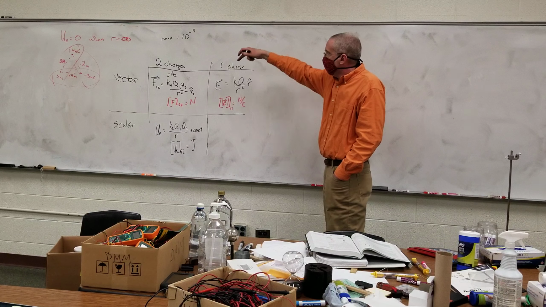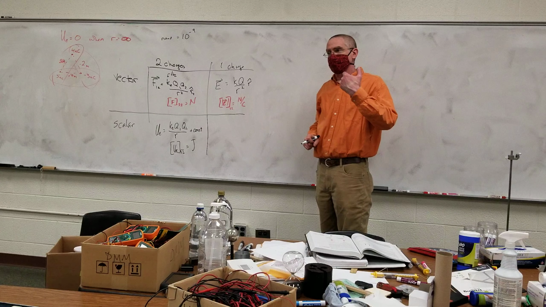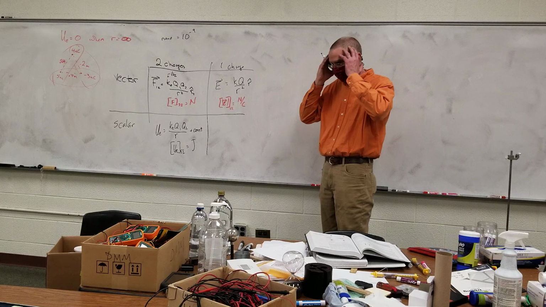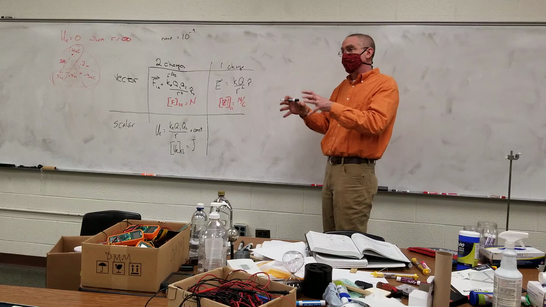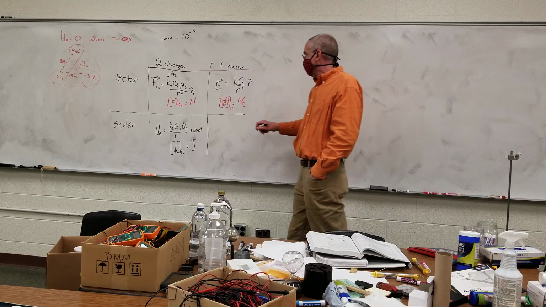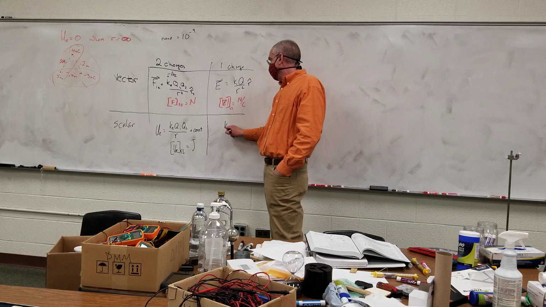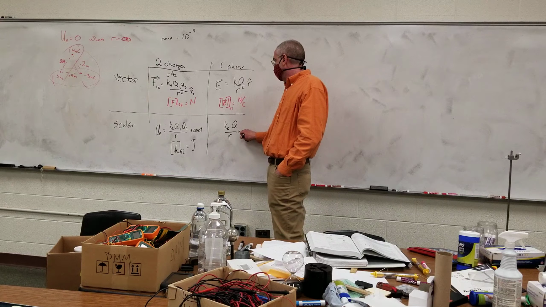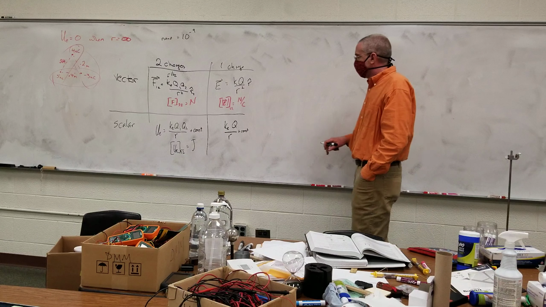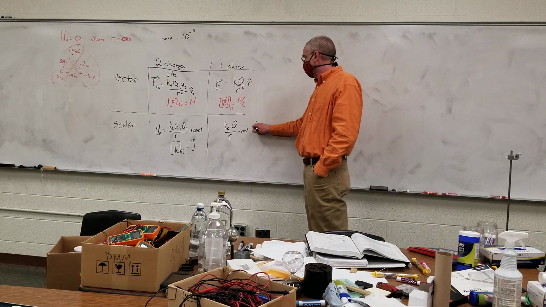Now, when we went from force to electric field, we took out one of the charges. Because again, we're only dealing with one charge here, so it's the idea that there's something that exists there before the second charge shows up. And so we do the same thing here. So we have our KE Q over R plus a constant. This is known as the electric potential.